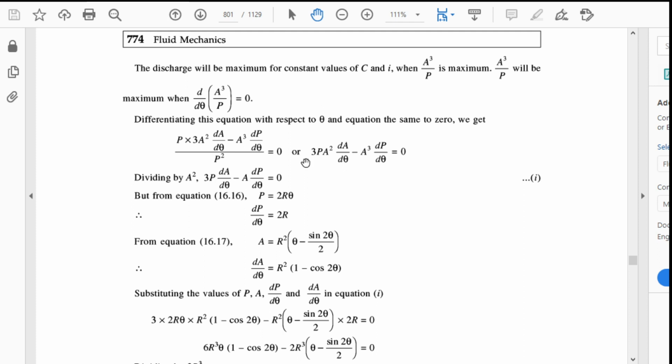You will get 3PA squared dA by d theta minus A cube dP by d theta equal to 0. Here you can see that A squared is common, so we can divide by A squared. You will get 3P dA by d theta minus A dP by d theta.